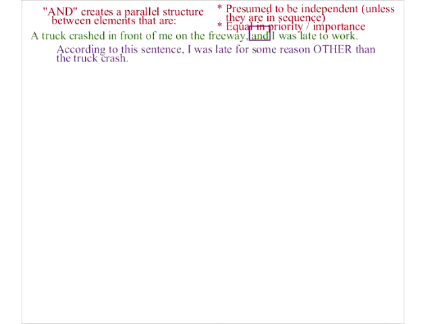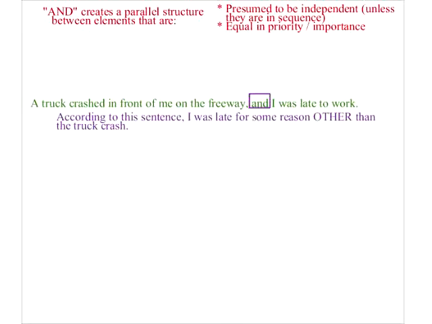You're allowed to use "and" when events are in a sequence, but even then there's still this idea that they're independent things in sequential order.